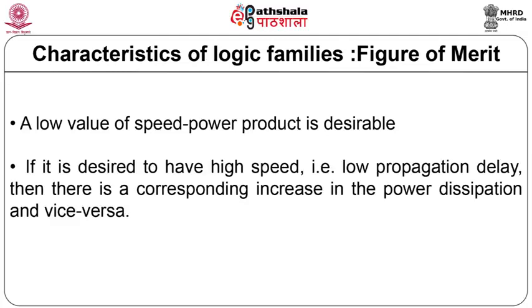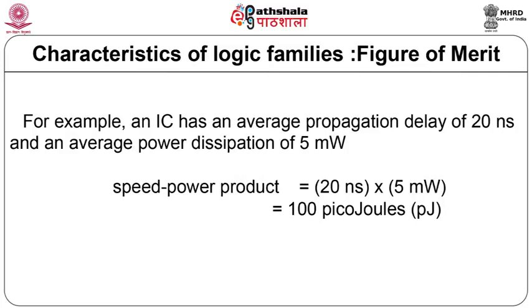If it is desired to have high speed, that is low propagation delay, then there is a corresponding increase in the power dissipation and vice versa. Let us take one example for this. Let's suppose an IC has the average propagation delay of 20 nanoseconds and average power dissipation of 5 milliwatts. Then the figure of merit, that is the speed power product, is 100 picojoules.